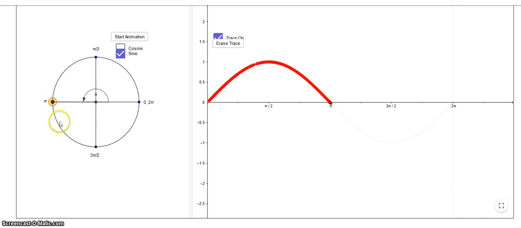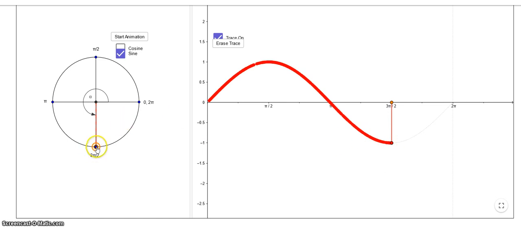As I continue to move down, I move into the third quadrant. In the third quadrant, my y values are negative, so my sine graph is going to come down below the axis. When I get to 3 pi over 2, I hit the lowest value, where sine is negative 1.